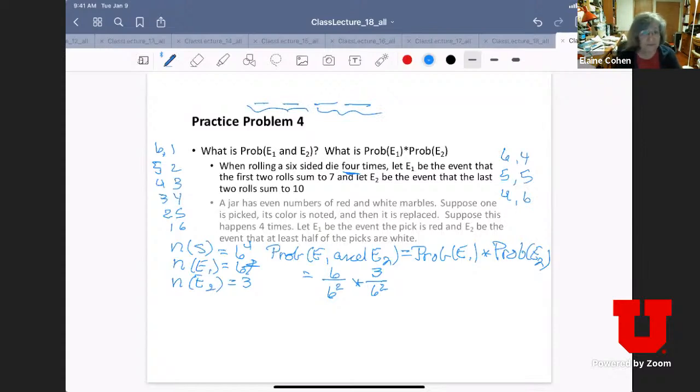So the first two have 36 possibilities, and the second two have 36 possibilities. So in that case, we have 18 over 6 to the 4th, or 3 over 6 cubed. And we could do more on that, but I'm leaving it there. Okay.